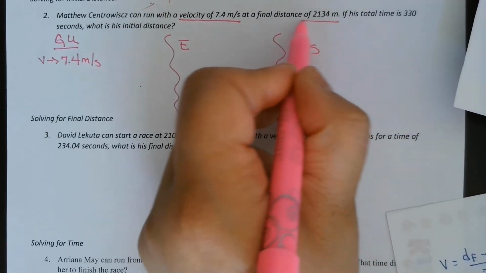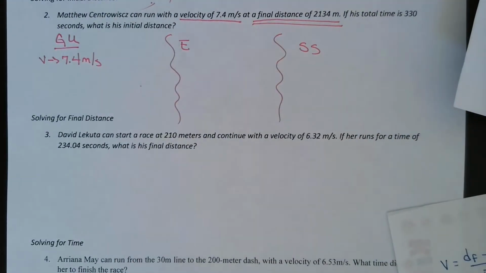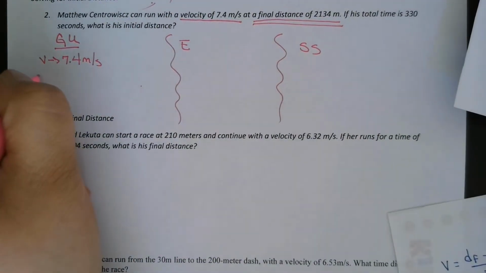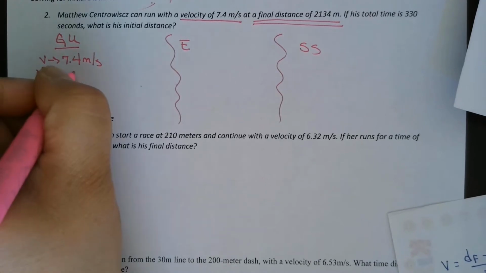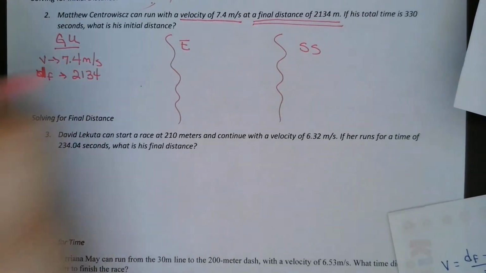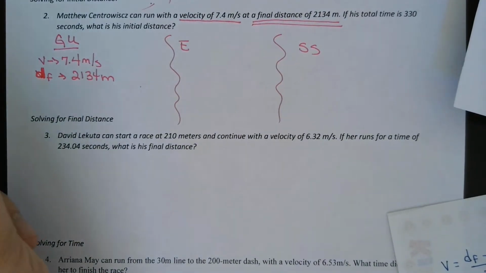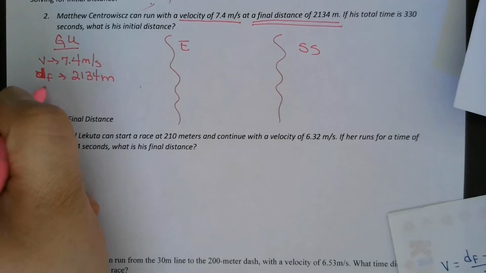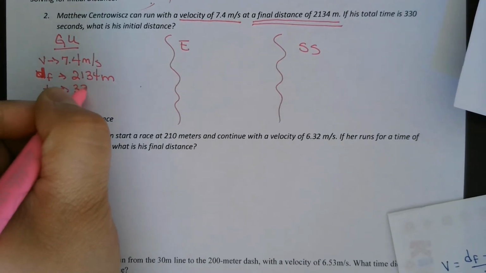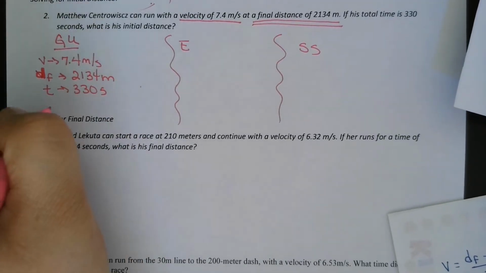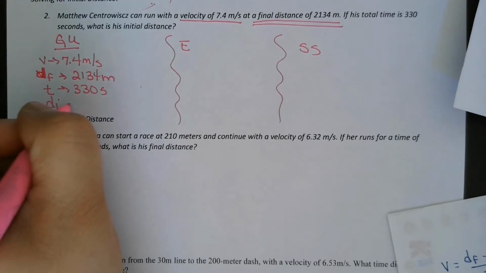The final distance, DF, is 2,134 meters. And if his total time is 330 seconds, what is his initial distance?